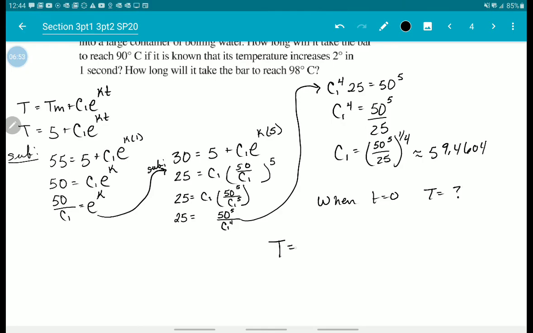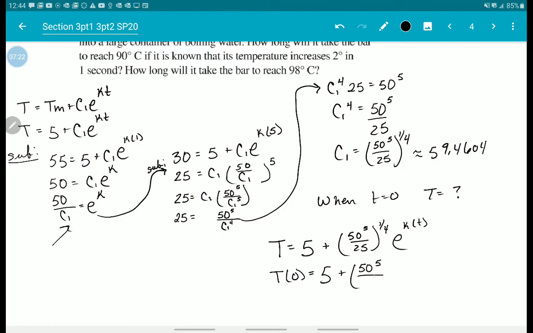We have T equals the temperature of the medium, which is 5 degrees, plus our C1, which is this nice number, 50 to the 5th over 25 to the 1/4, times e to the k times lowercase t. We want to know what happens when t is 0. So you can see why we won't need that k value. We could find it just by plugging that C1 in here and taking the ln of both sides.